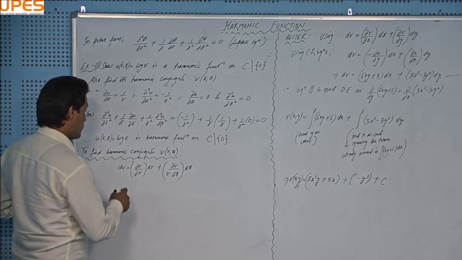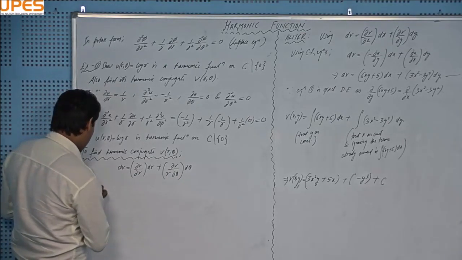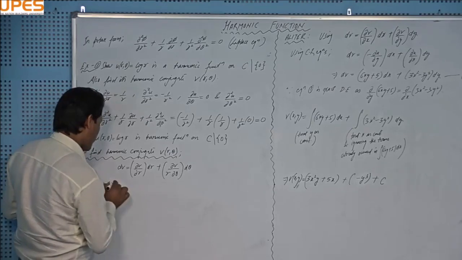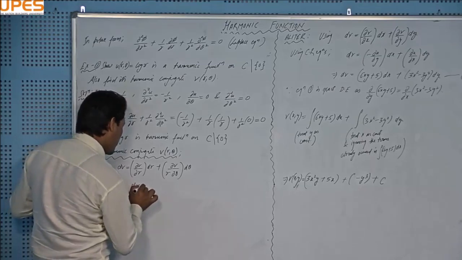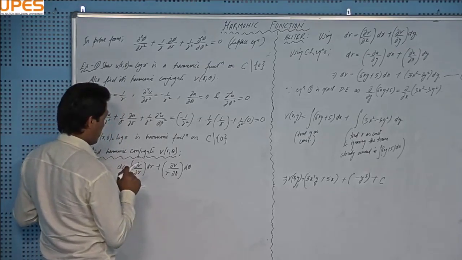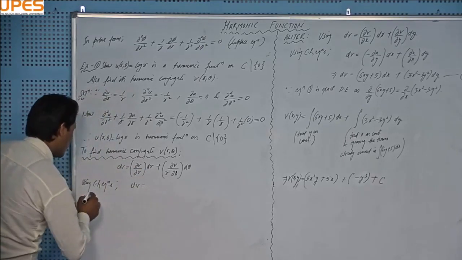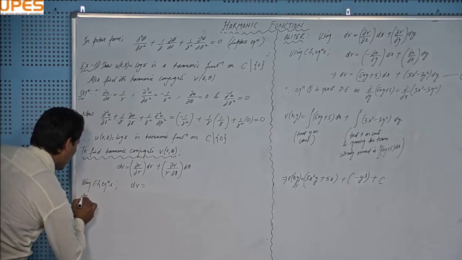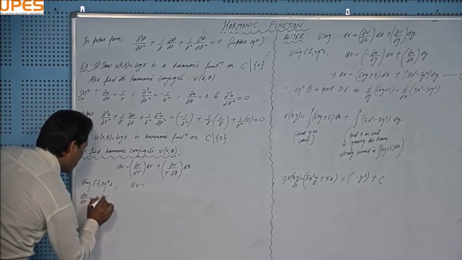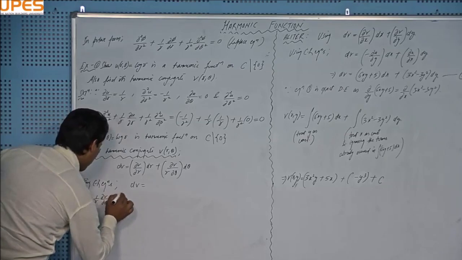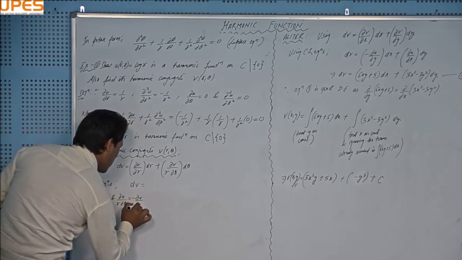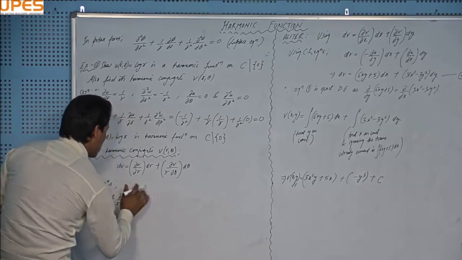So using CR equations. I should write the CR equations here first. In CR equations, del u over del r is equal to 1 over r del v over del theta, and the second equation is 1 over r del u over del theta is equal to negative of del v over del r. I will use these equations.